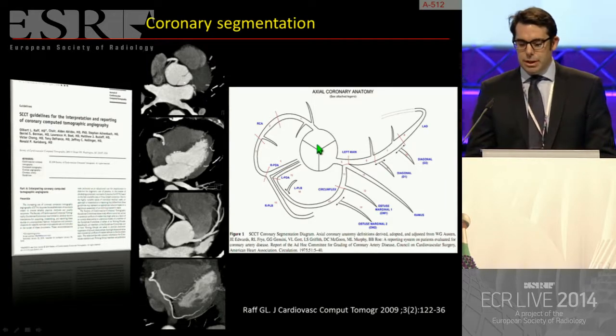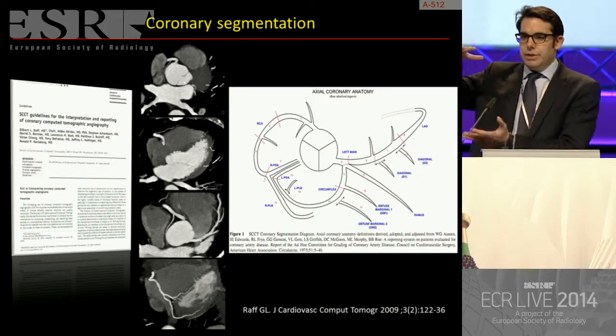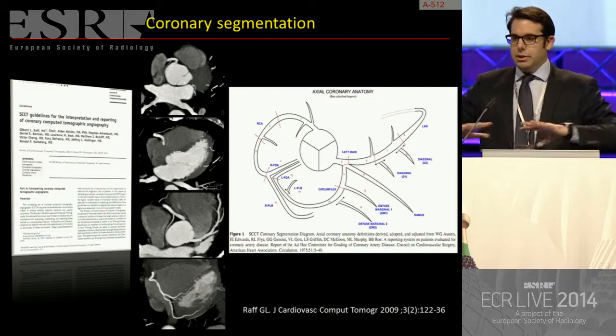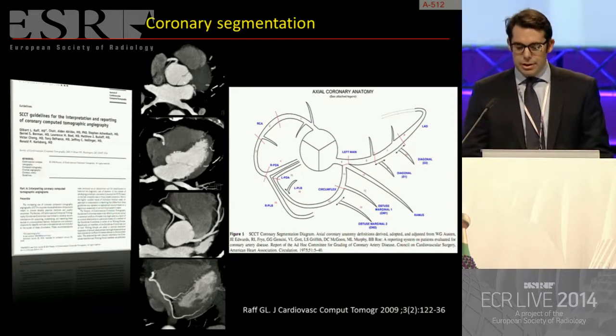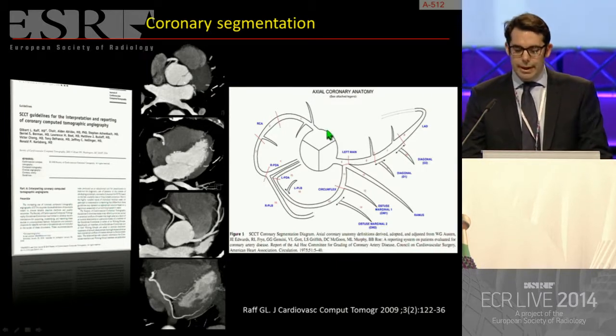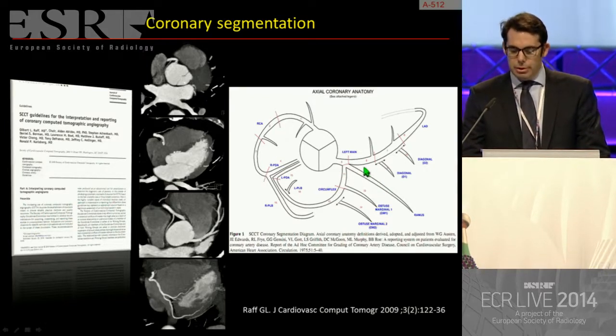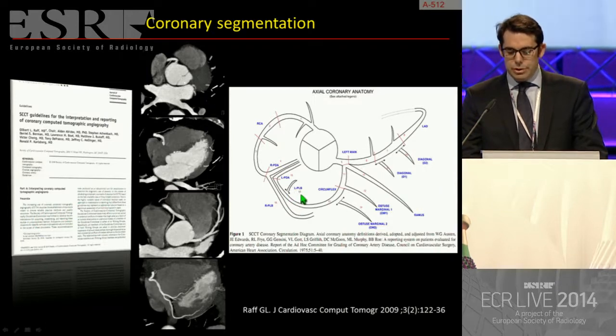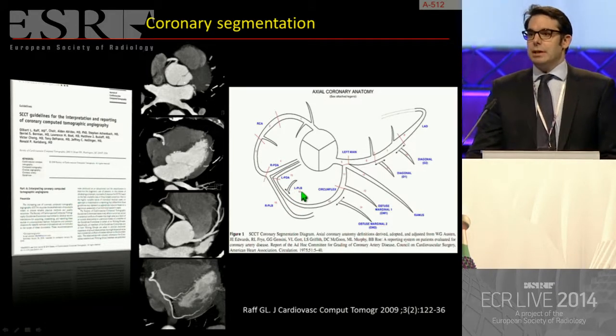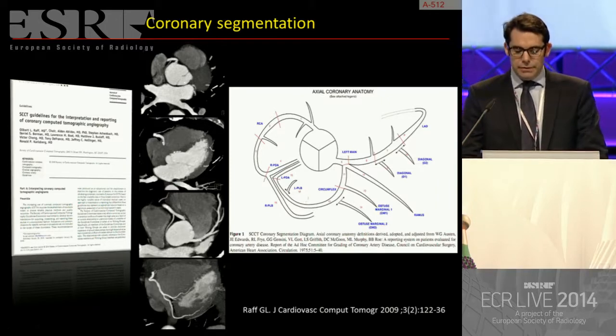You have to imagine that the heart itself is squeezed, and all the arteries will be displayed in a single plane. Instead of 15 segments, you will get 18 segments, where the ramus intermedius is named separately, and then the posterior descending artery, if it's coming from the left, is named separately, and then we have the left posterior arterial branch also separately. So it will be 18 segments instead of 15 segments.